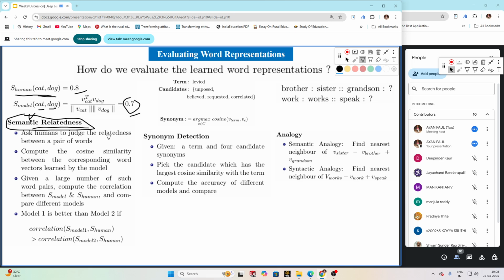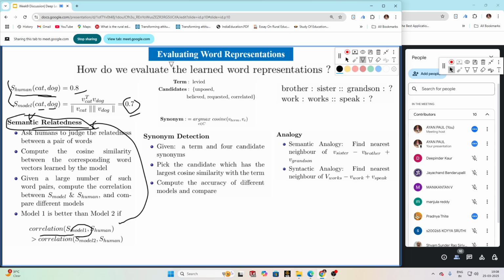We can compute the correlation between the human scores and the model scores. If the correlation of model 1 with respect to human is greater than the correlation of model 2 with respect to human, we can say model 1 performs better than model 2 in semantic relatedness.